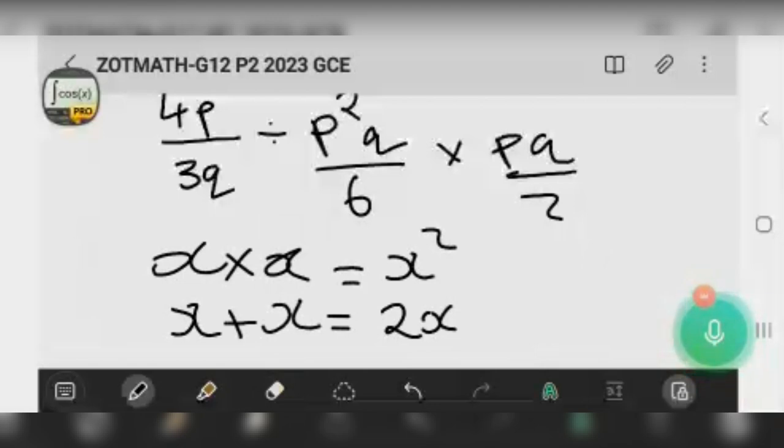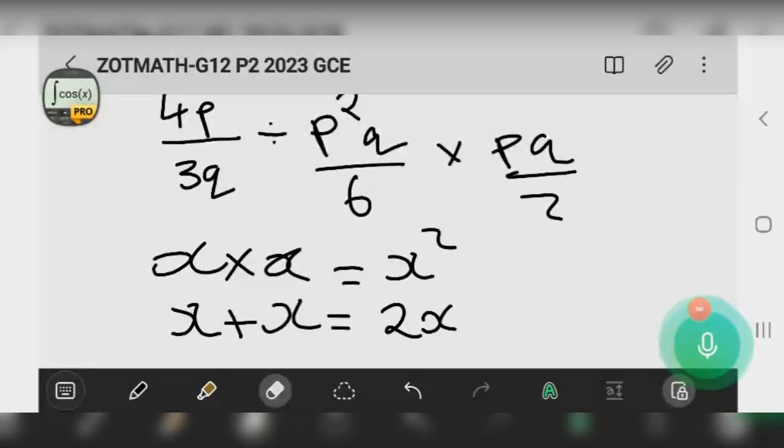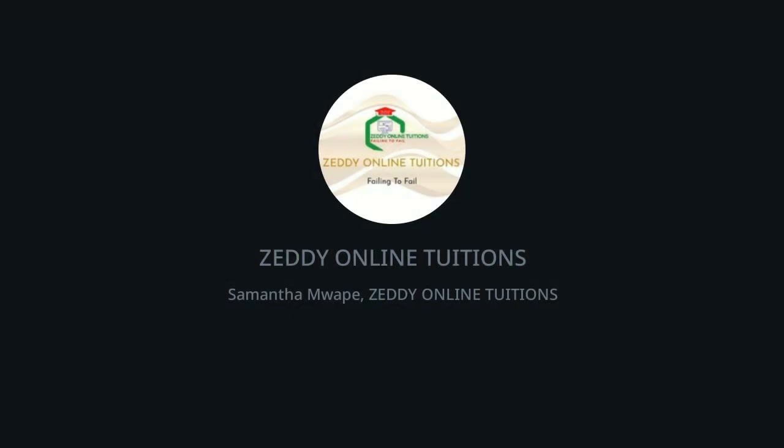But why should 2x multiplied by 2x be 4x? You see? It will be 4x squared.